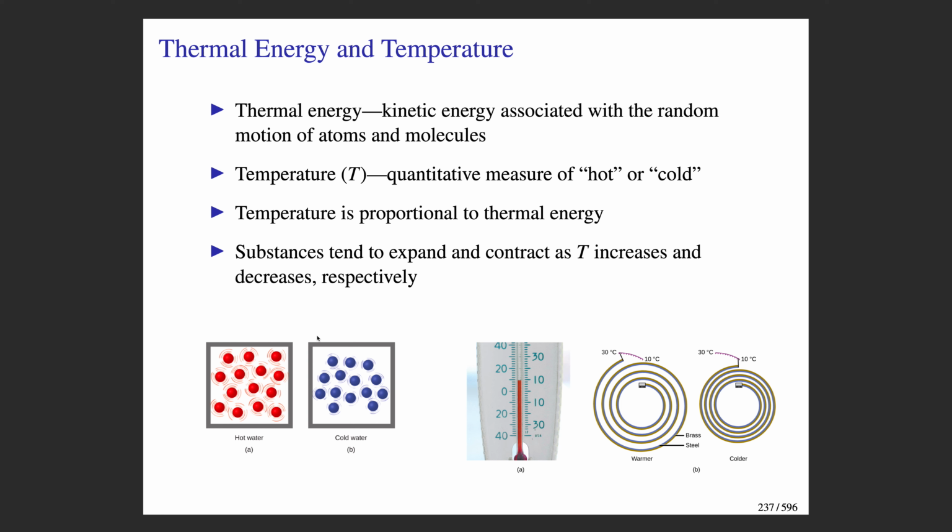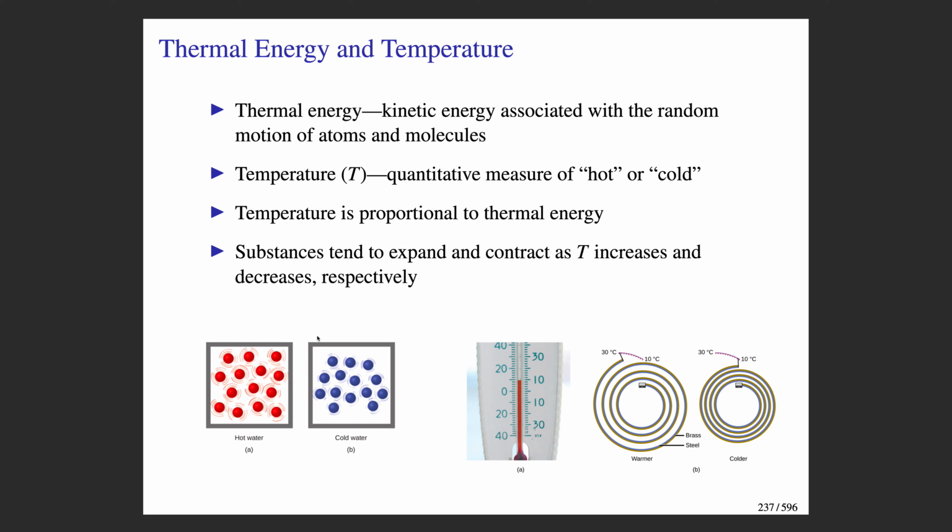So the molecules of any object you like, so let's just call it a gas. The molecules of a gas are bouncing around. They have kinetic energy. They move in seemingly random directions, right? All of the gas molecules are moving around in different directions, and they're colliding with one another and colliding with the wall. This kinetic energy of all of the molecules is what we call the thermal energy.